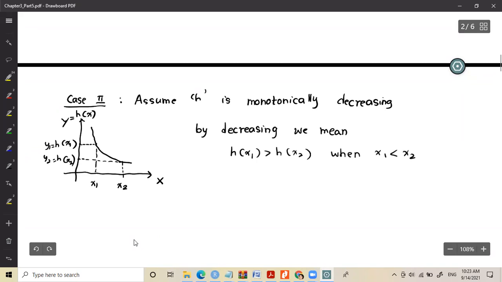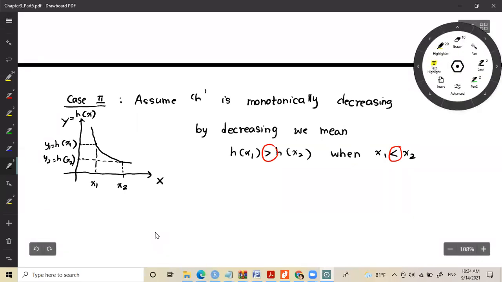Now you see the sign is different, right? In the increasing case, you have the same direction, but when it comes to decreasing functions, you end up with the sign change. Okay, so you can clearly see that from the graph. When you have x1 less than x2, the corresponding y value y1 is greater than y2. So you see that the inequality will change, right?